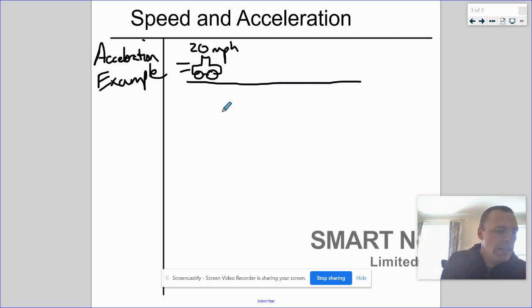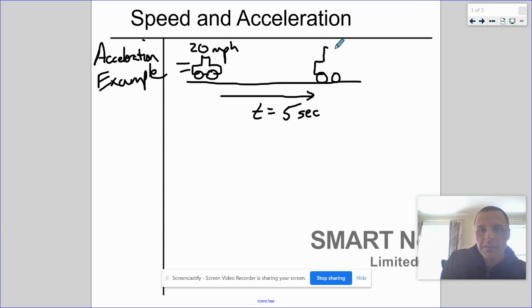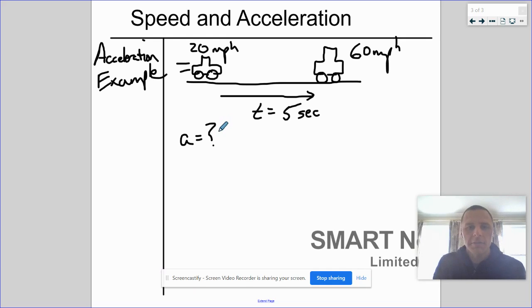It accelerates for a time of 5 seconds, and it gets to a final velocity of 60 miles per hour. And the question is, what is the acceleration of the car?